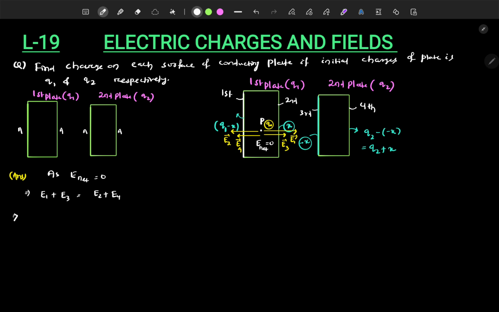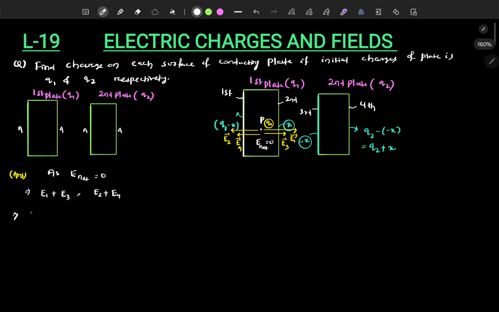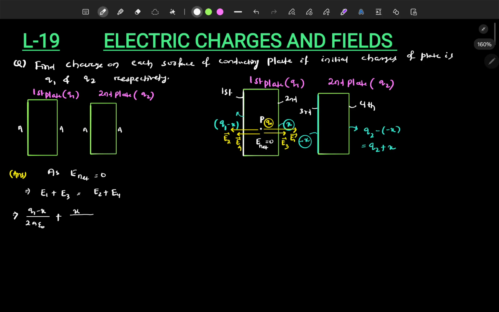So for E1, the charge present on the first surface is Q1 minus x. So it will be (Q1 minus x) divided by 2A epsilon naught, plus E3 value. Charge present on the third surface is minus x, but we are taking the magnitude, so it will be charge magnitude divided by 2A epsilon naught.